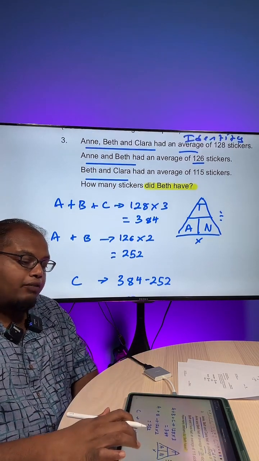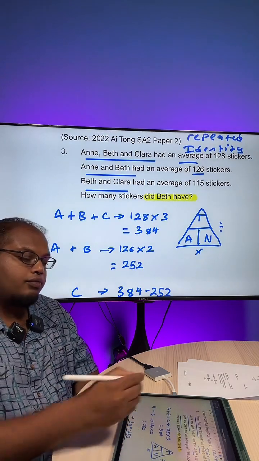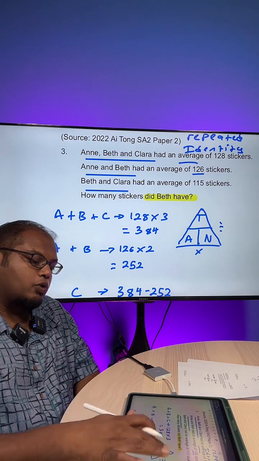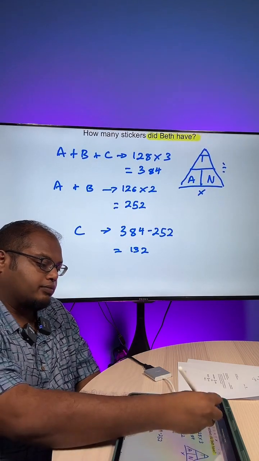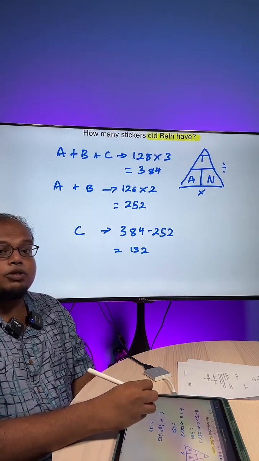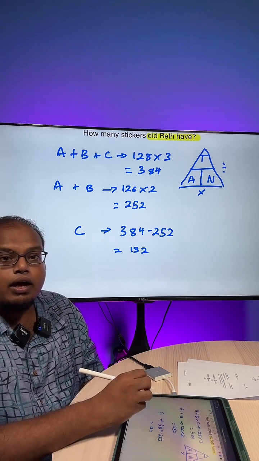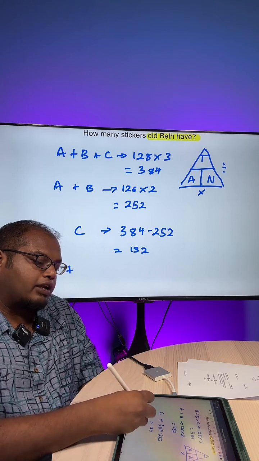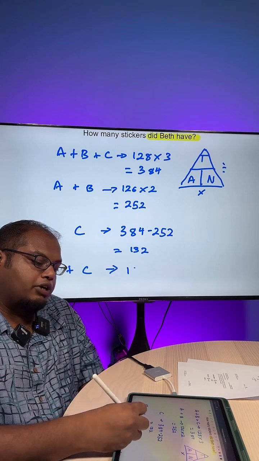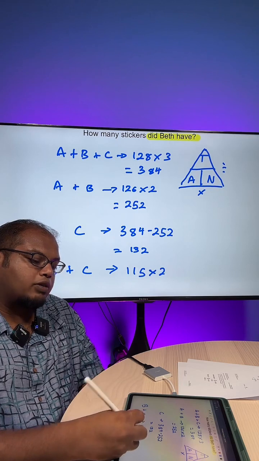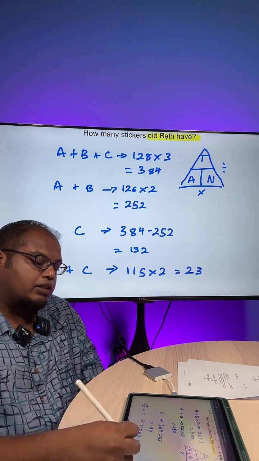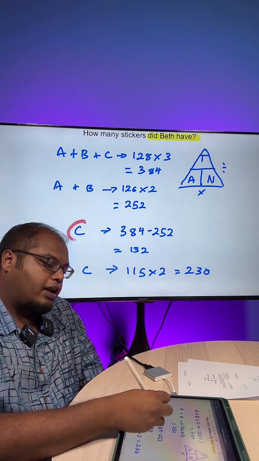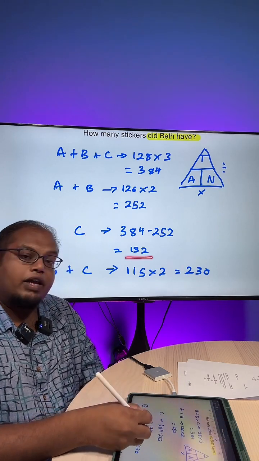So now all I have to do is to find the total of Beth and Clara. So to do that, same like how just now I was using N and Beth. Same thing here. Beth and Clara will be 115 multiplied by 2, 230. So now, you see, I have Clara here with this value.